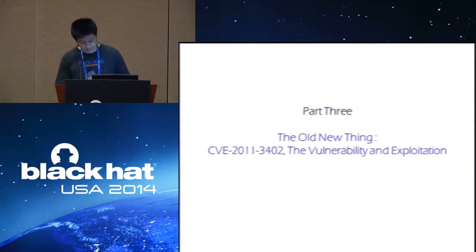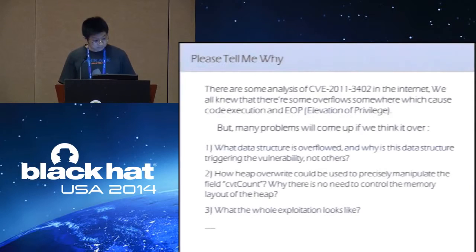Next part, I'm going to talk about the old vulnerability, CVE-2011-3402, and its classical exploiting techniques. There are some analyses of this vulnerability on the internet, and after going over all of them, you will find most of them just tell us there are some overflows somewhere, which cause code execution and elevation of privilege, EOP.